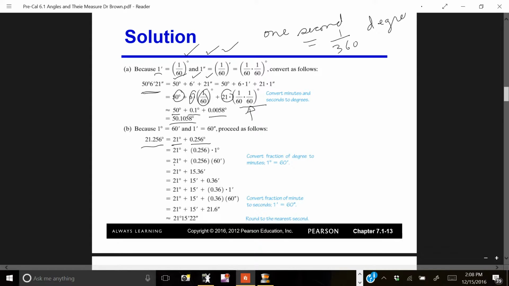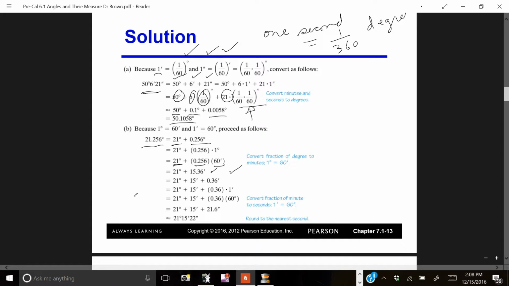And this becomes 21 degrees plus 0.256 times 60 minutes, because a degree is equal to 60 minutes. So now we have converted to degrees and a number of minutes.